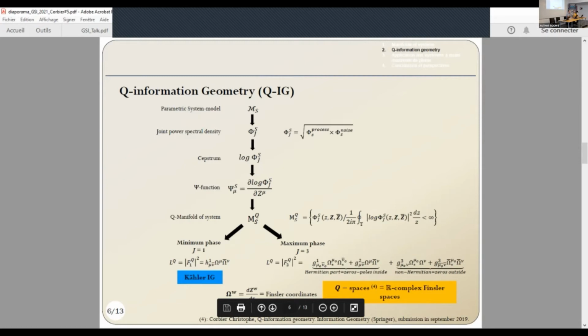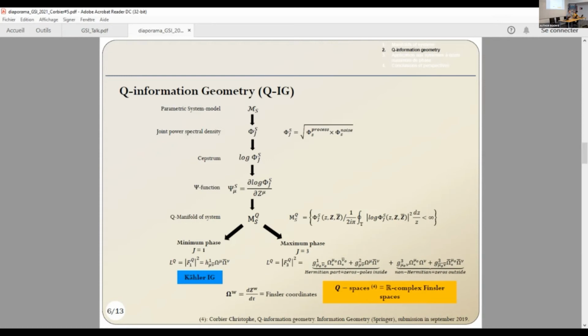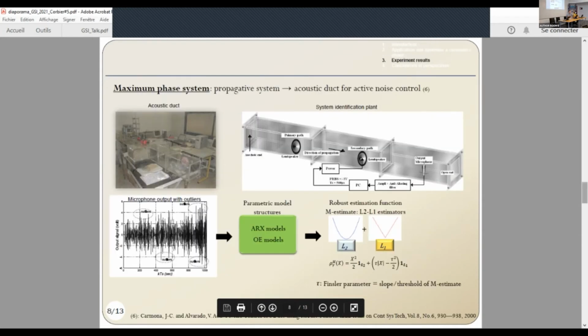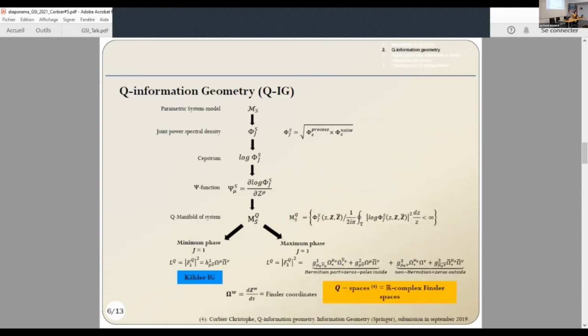In fact, originally, the Finsler coordinates are the velocity, and in this approach, omega Finsler coordinates can be used with rho as the Finsler parameter.